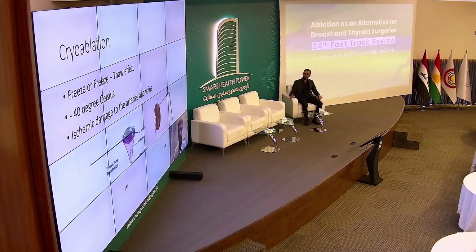So what we do is introduce the probe or the antenna or the tool to the required region, and then start the ablation process, and it will reach around -40, -50 degrees Celsius, to produce an ice ball in and around the tumor. Sometimes it's continuous freezing, sometimes with a freezing and thawing effect, and this will result in ischemic damage to the arteries and veins in the region. This is the basic principle of cryoablation.